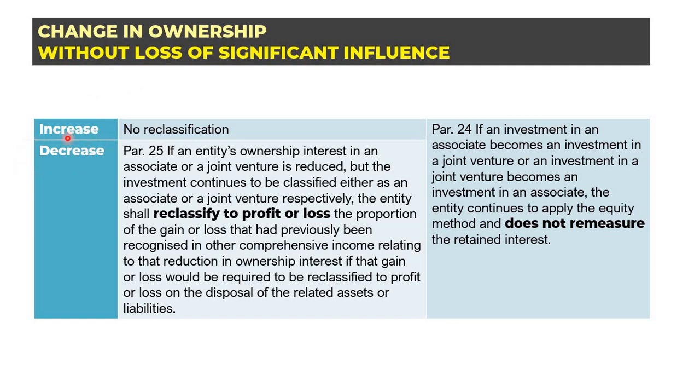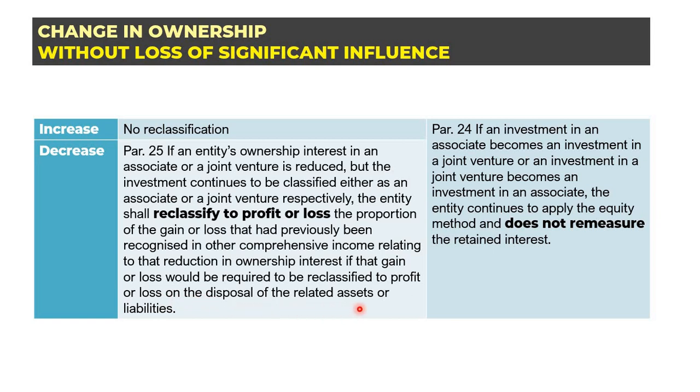Tapos, kapag nag-decrease naman daw under paragraph 25, so, if an entity's ownership interest in an associate or joint venture is reduced, but the investment continues to be classified either as an associate or joint venture respectively, the entity shall reclassify to profit or loss the proportion of the gain or loss that had been recognized in other comprehensive income relating to that reduction in ownership interest if that gain or loss would be required to be reclassified to profit or loss on the disposal of the related assets or liabilities.